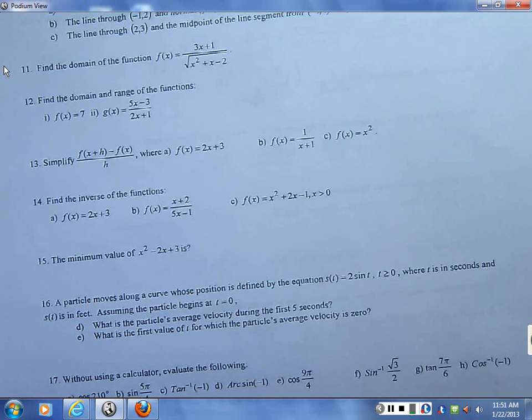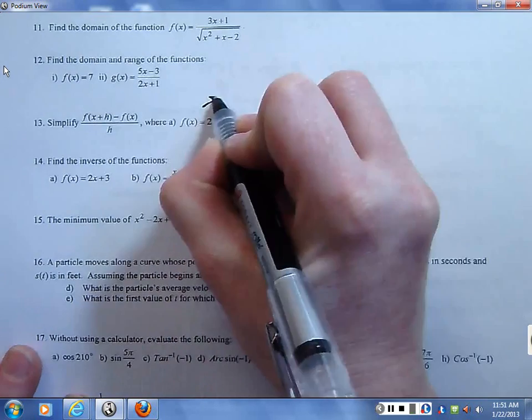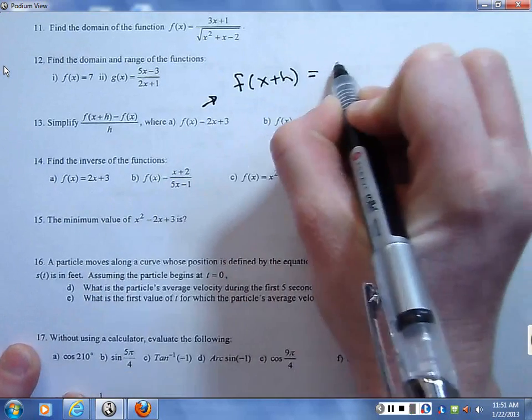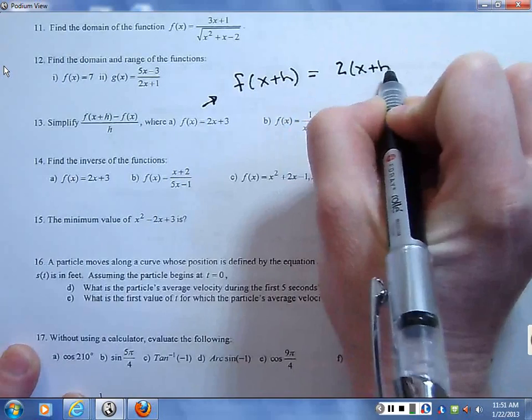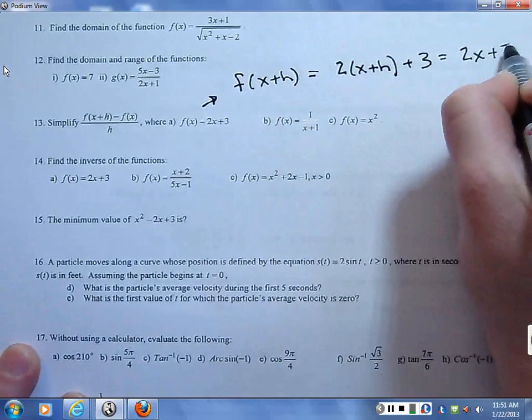But you can see here that algebra is very important, so being able to simplify that. I'll go ahead and write on top of this. When I have x plus h, that's taking 2 times x plus h, plus 3. So then I simplify, I have 2x plus 2h plus 3.